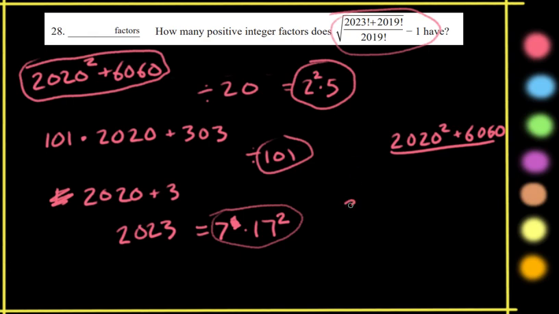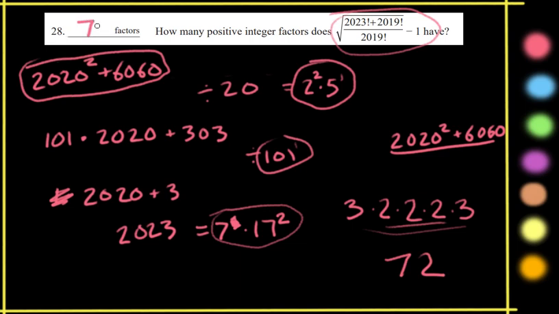So that'll give us 3 for this exponent. This exponent is 1, so you add 1, you get 2. This one, the exponent is 1, so another 2. This one, the exponent is 1, so we have another 2. This one, the exponent is 2, so we have a 3. And then you multiply those all together. This gives us 8 times 9, which is 72. So there are 72 positive integer factors of this number.